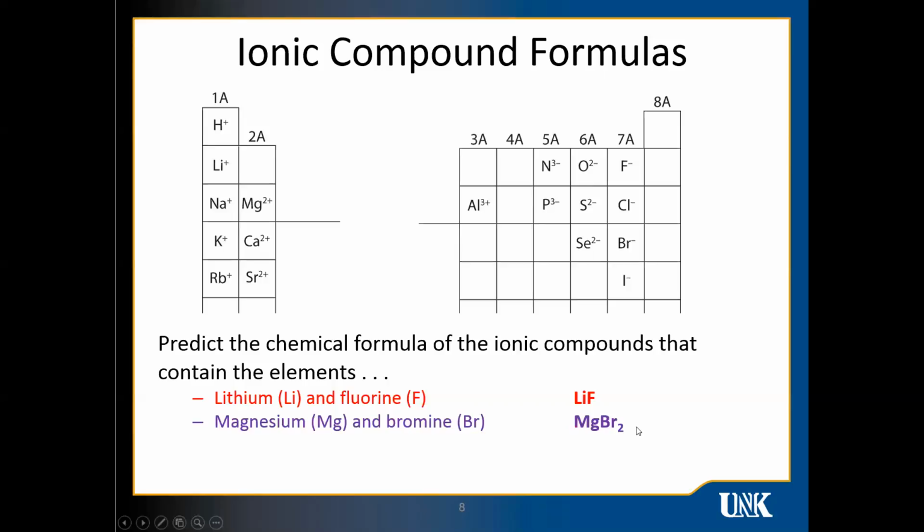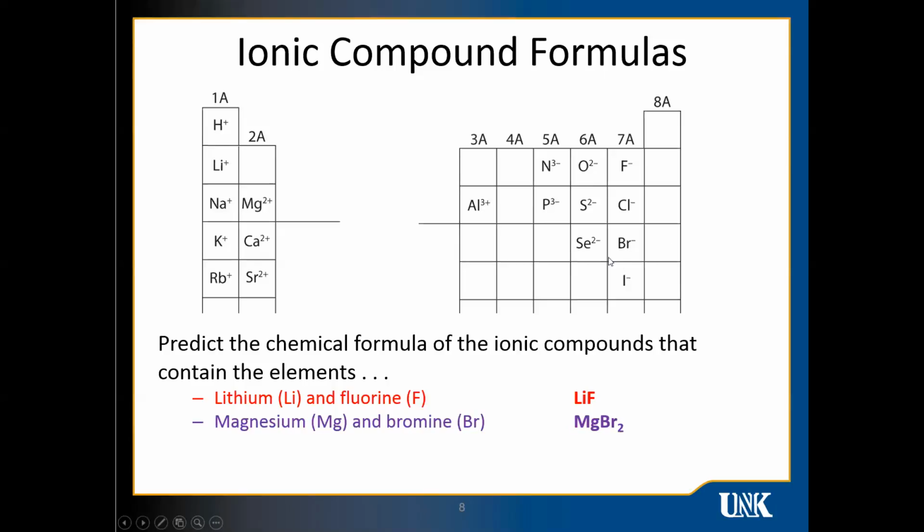Now, magnesium is a group 2 element, and so it has to give up 2 electrons to achieve that completely filled outer shell. Now, the bromine only needs to pick up 1 electron to get a completely filled shell configuration.